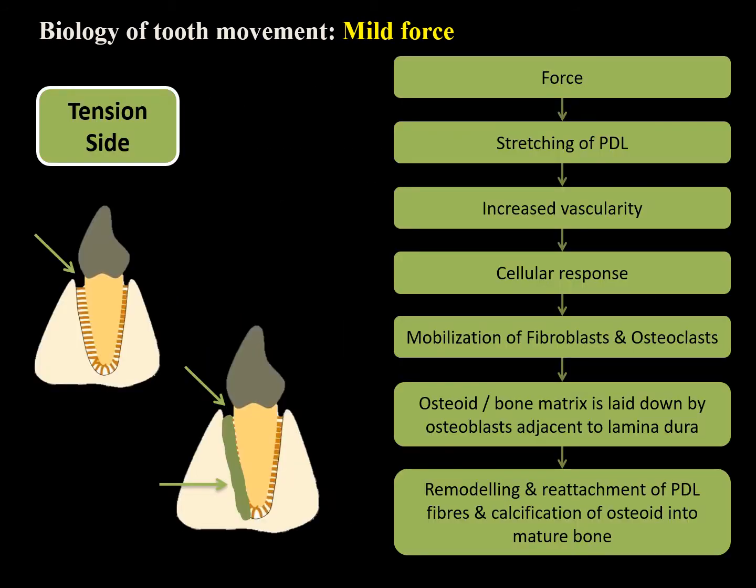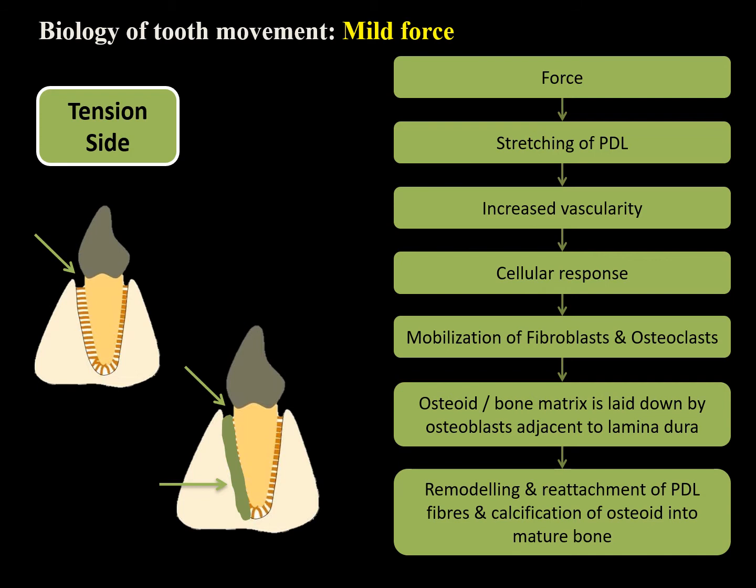So what happens on the tension side when mild force is applied? The force causes stretching of the periodontal ligament fibers, leading to increased vascularity and also triggering a cellular response. Here again there is mobilization of fibroblasts and osteoclasts, but on the tension side you will see bone deposition instead of bone resorption.